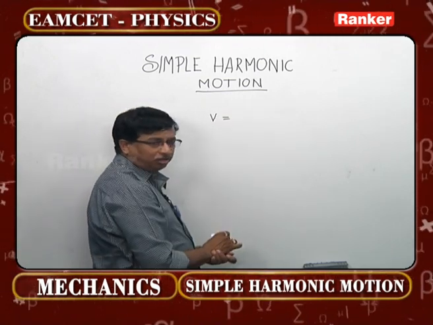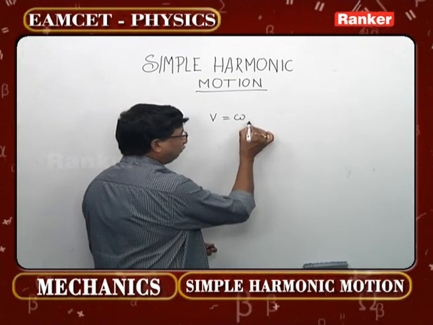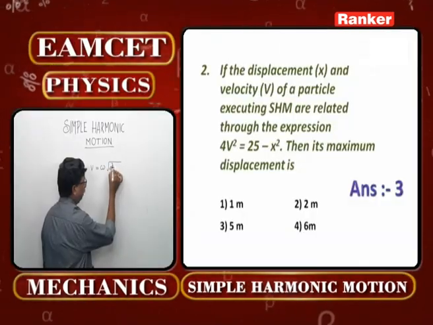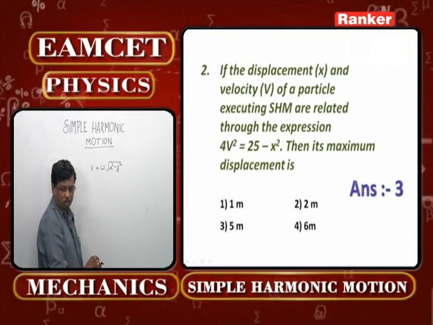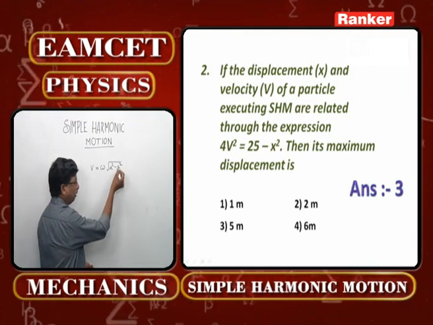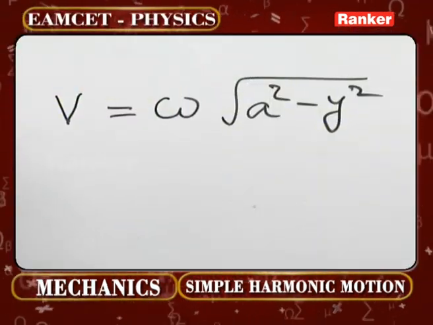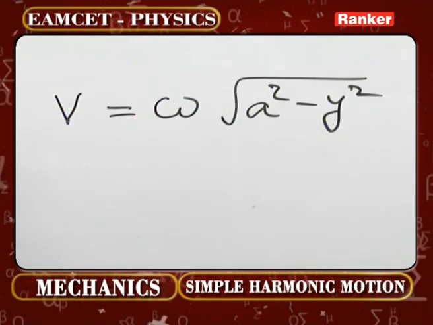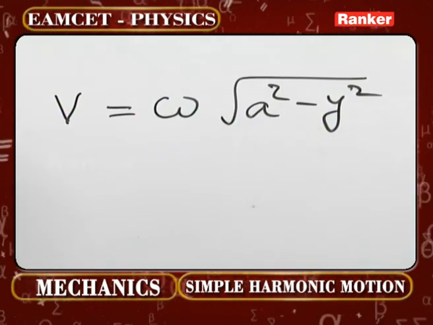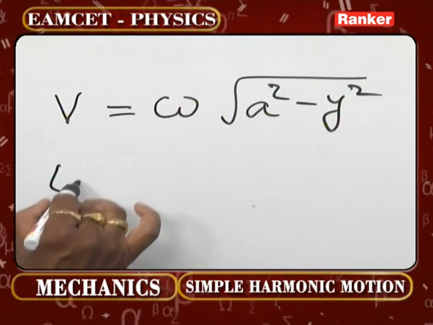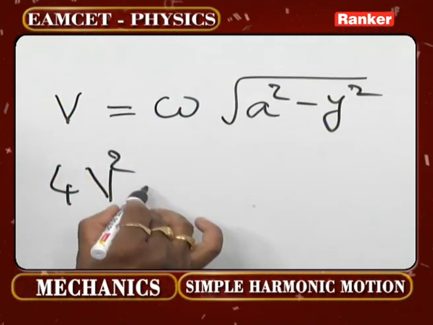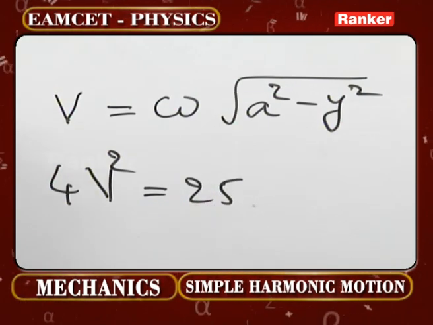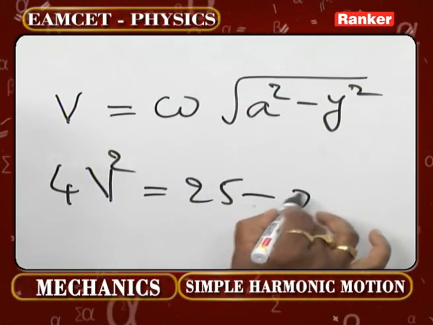Velocity of a particle in SHM can be written as omega root of a square minus y square, or a square minus x square, whichever you talk about. That x or y represents the displacement, and a represents maximum displacement which is called amplitude. Now what is the equation given? We see 4v square is equal to 25 minus x square.